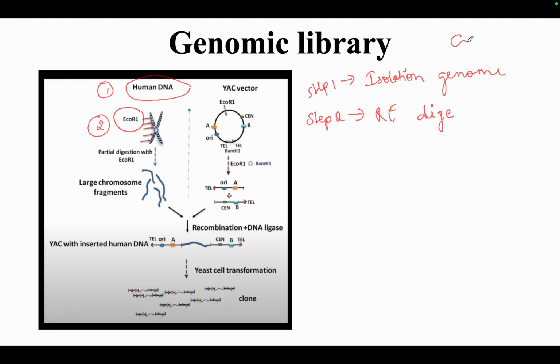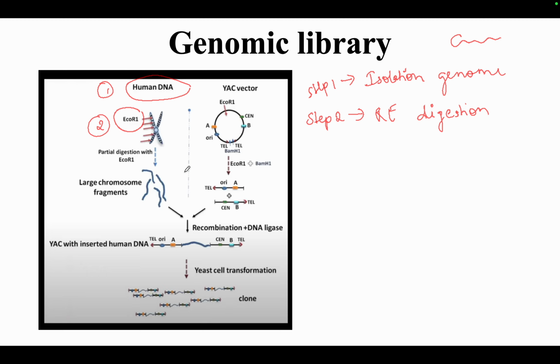This whole genome is of different sizes, so first we need to chop this by using a restriction enzyme. Okay, and after chopping this, we'll get different size fragments. Now these fragments will be of a specific length, and it's a randomly cut genome.